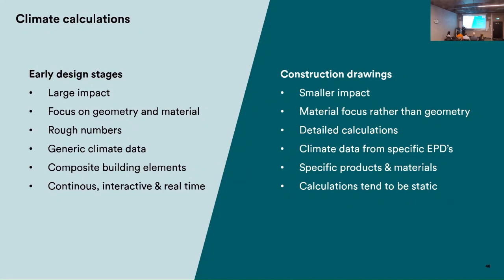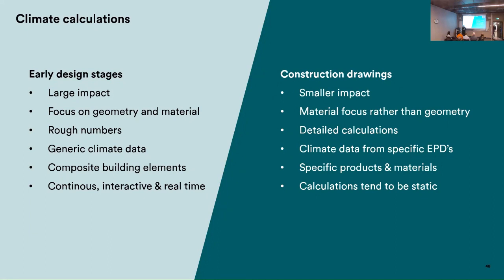We have a focus on geometry together with material in the early stages. In later stages, geometry is mostly set and it's just a material focus. In the early stages, we can find the relationship and understand how material and geometry interact and behave together. We work with fairly rough numbers as there are a lot of unknowns.